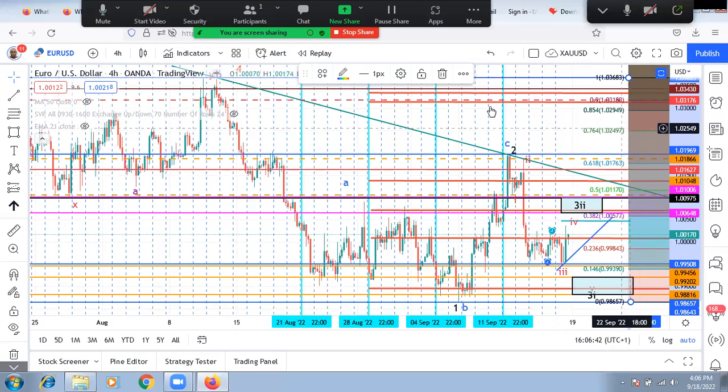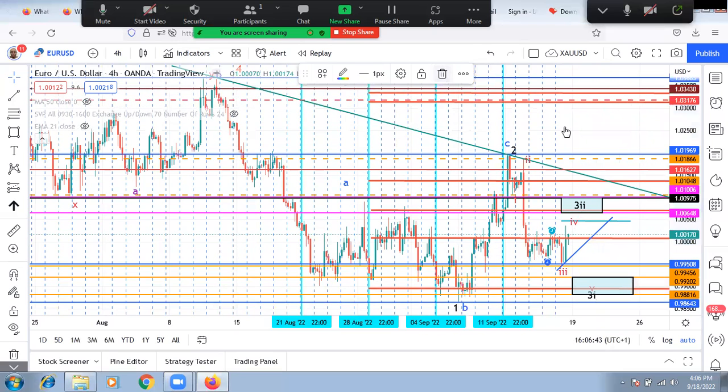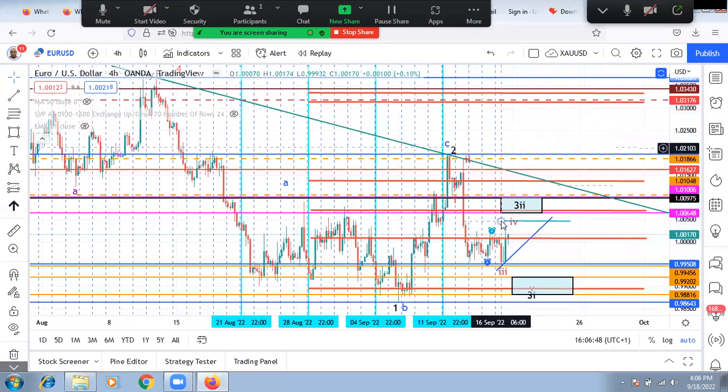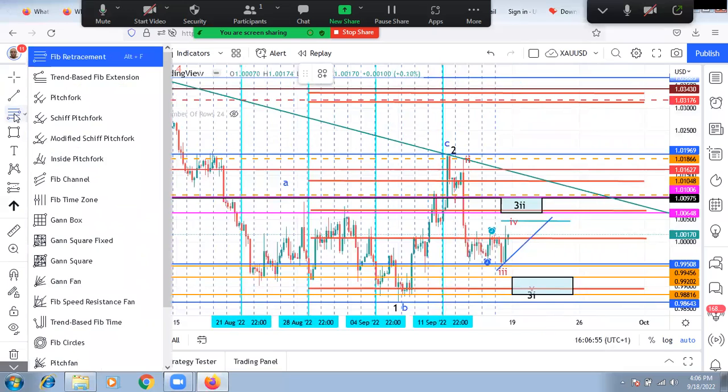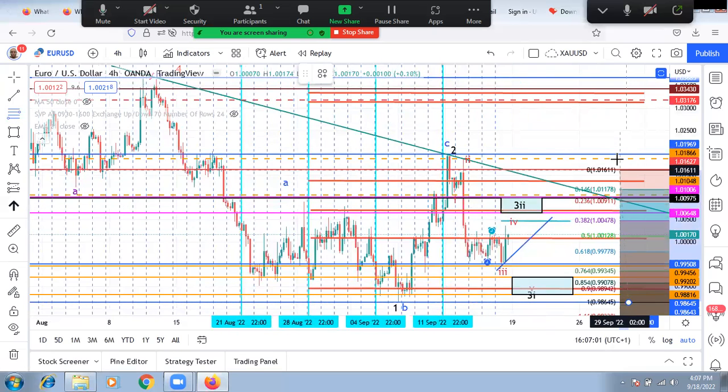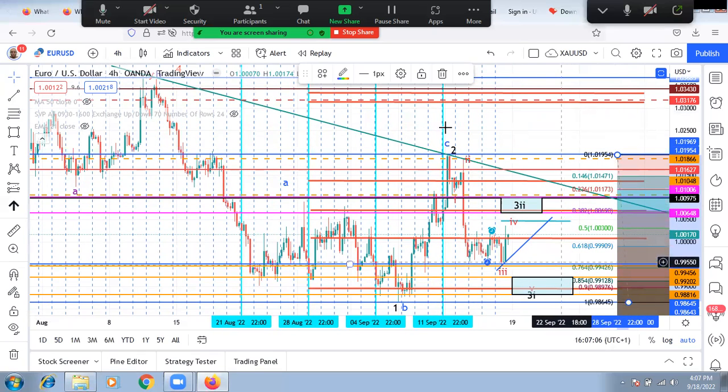You see, I'm trying to interrogate you. I'm trying to discuss this for you to understand why at this level price will not break this level. So you don't expect price to even come up and break this place. What I want you to see is a retracement here at 76.